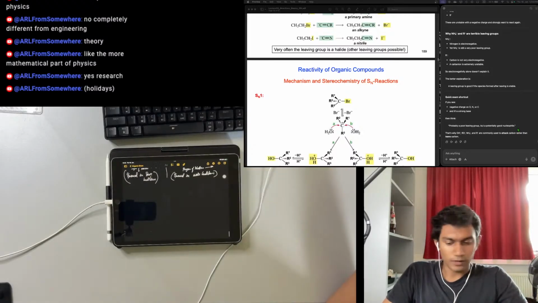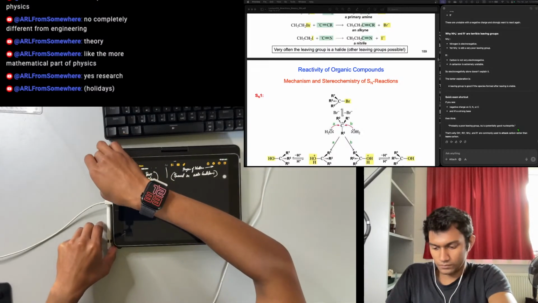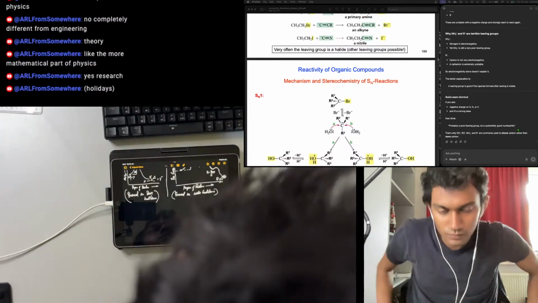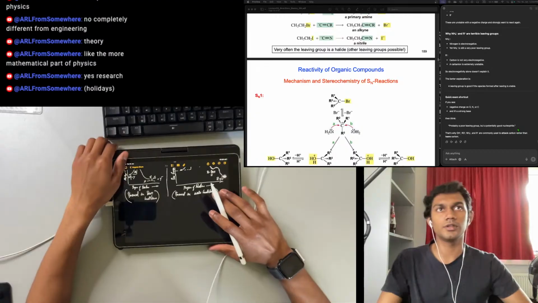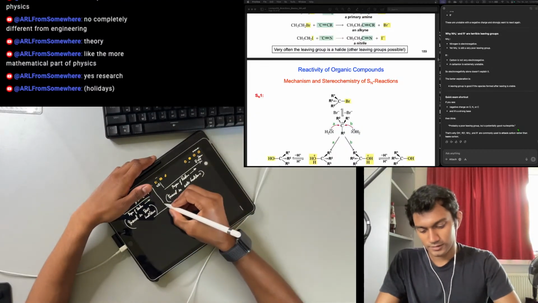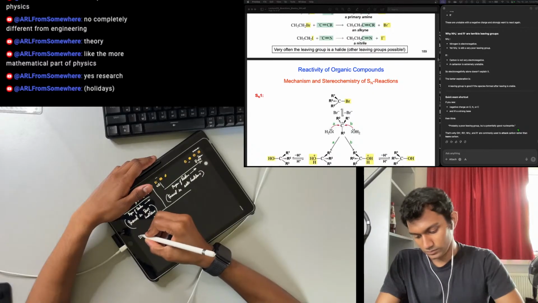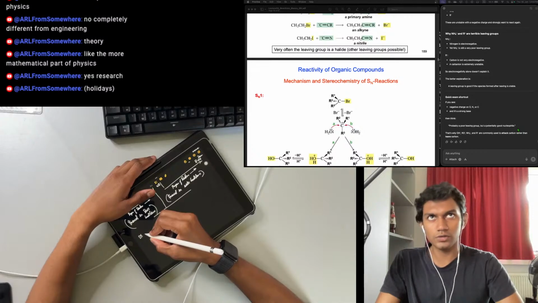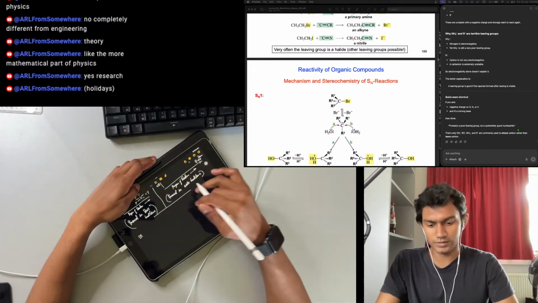Okay, I need to write that down. SN reaction, leaving group psychology? No. What was the full form of SN reaction? Substitution nucleophilic reaction?